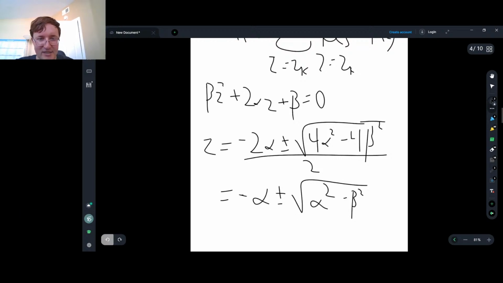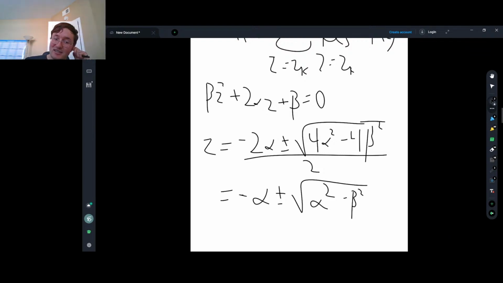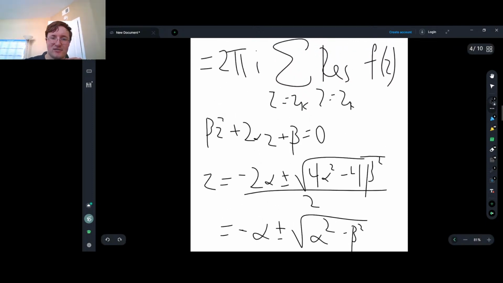Okay, if I pick a minus sign, I'm going to have minus alpha minus something. Let's see. Yeah, okay, I guess I have to figure out.